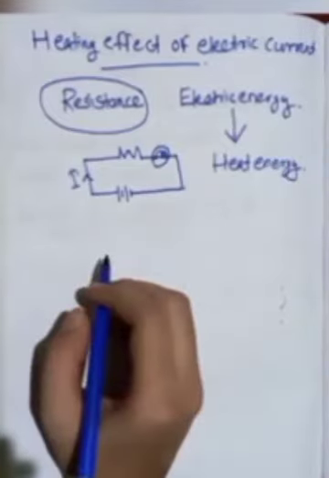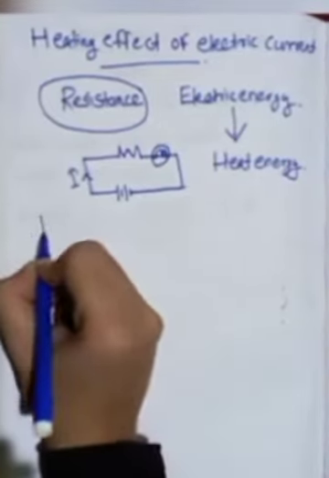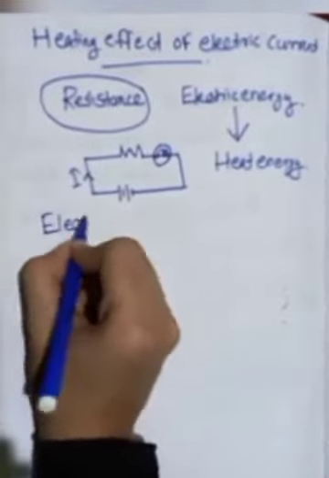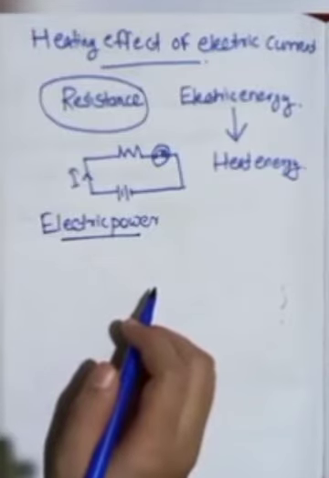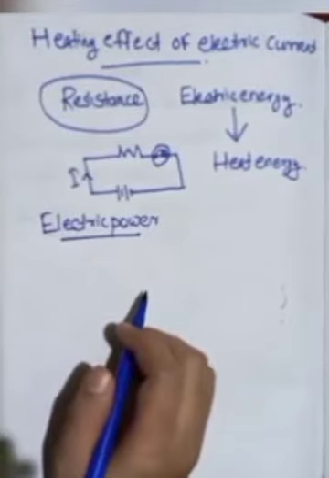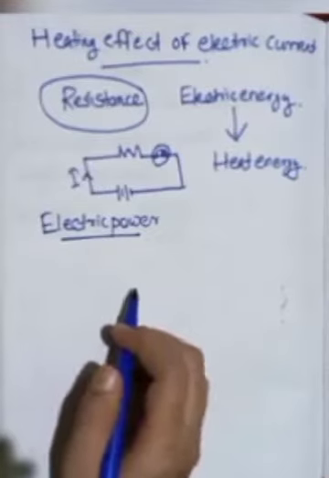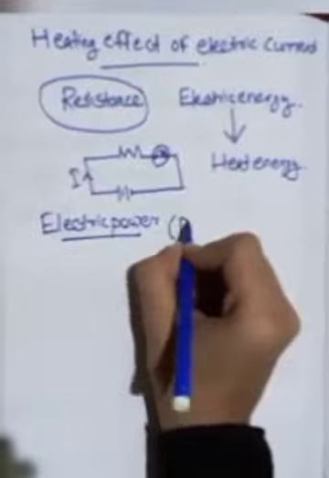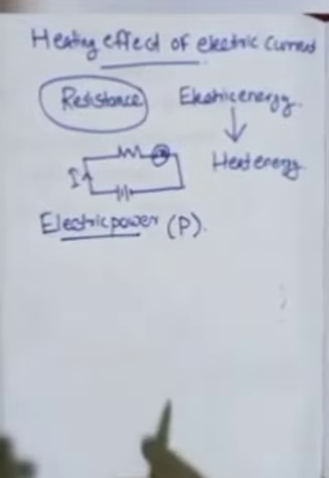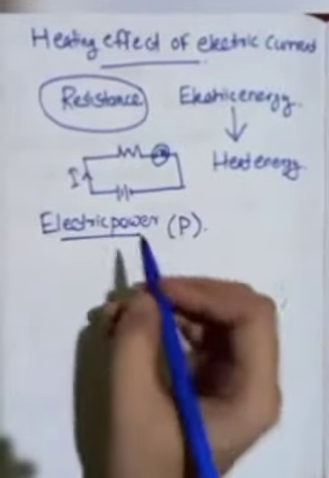What do you mean by electric power? Electric power is the rate at which electric energy is dissipated or consumed in an electric circuit. Electric power is denoted by the letter P. It is work done by time.